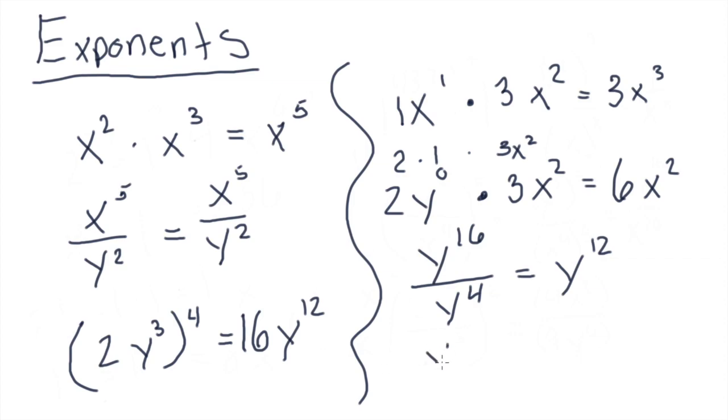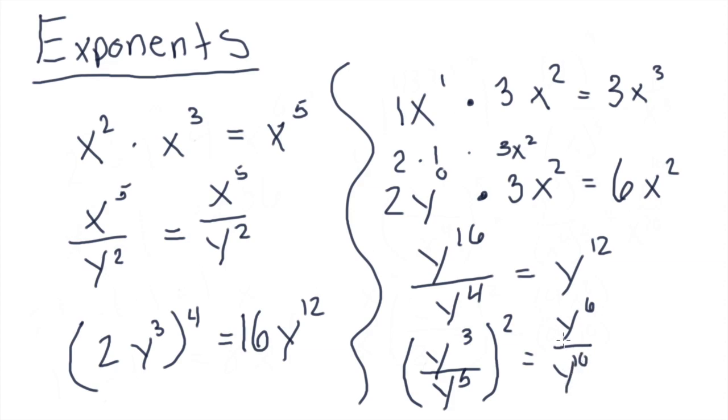Let's do y to the power of 3 over y to the power of 5, all of this squared. So we know that we can apply this square separately to both the top and the bottom. So on top we would get y to the 6th, on the bottom we would get y to the 10th.